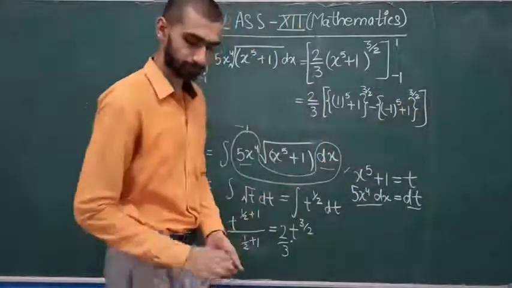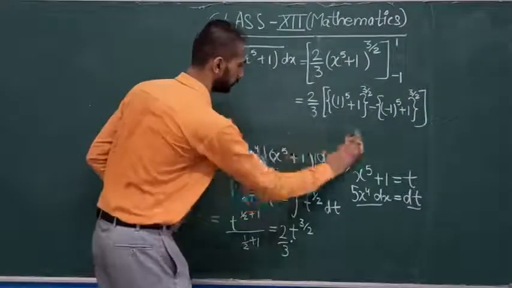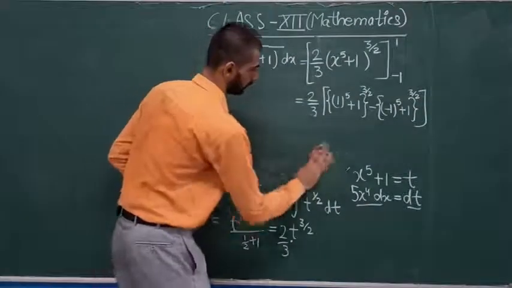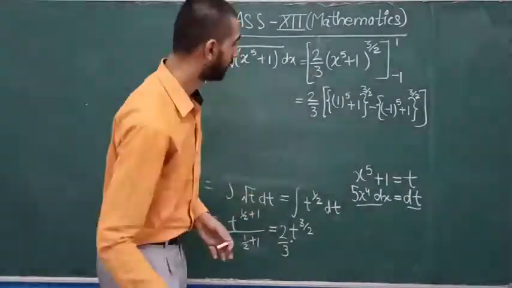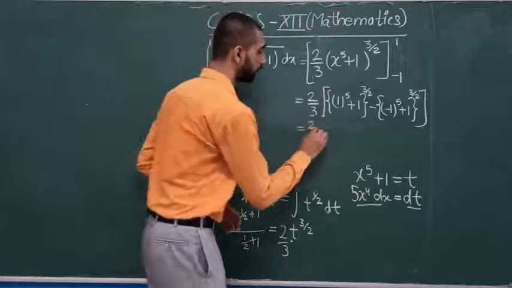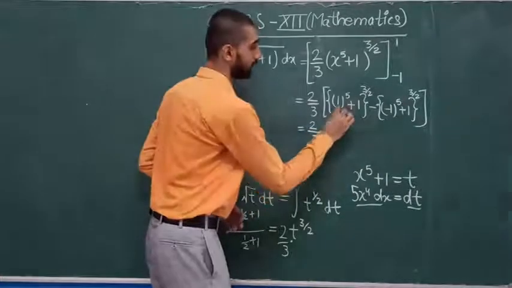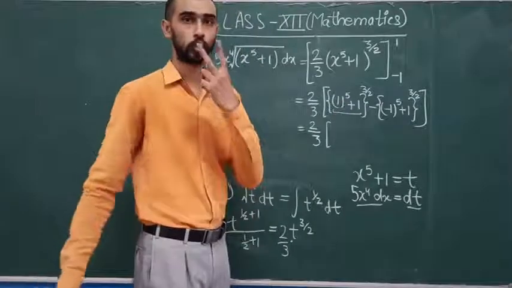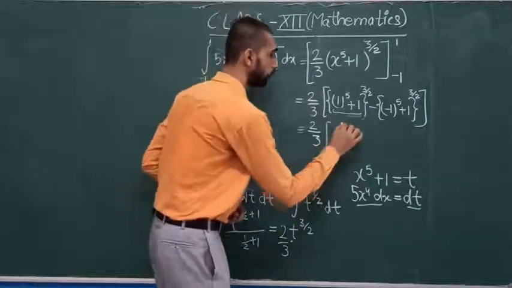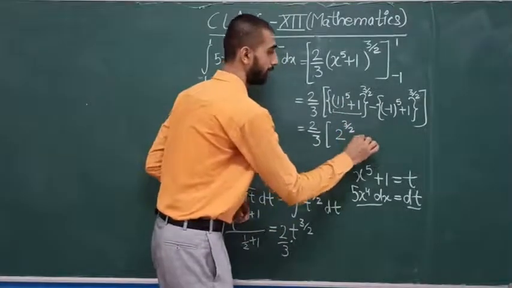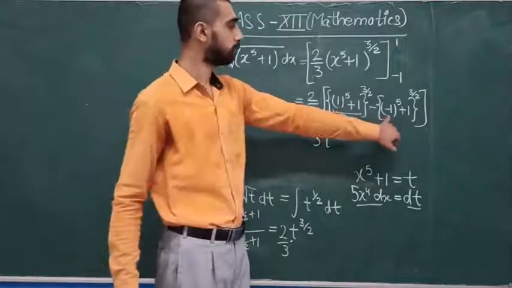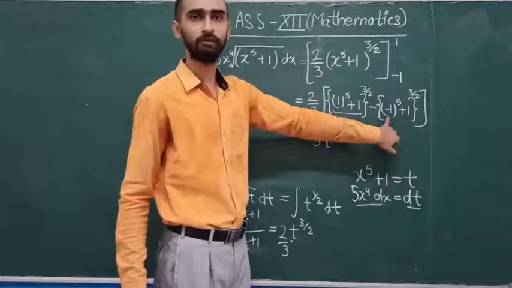Now let me erase this also. What I will get? I will get 2 by 3. This bracket will solve to 2: 1 plus 1, 2. It will become 2 to the power 3 by 2 minus, what will be the value of minus 1 to the power 5? It will be minus 1.